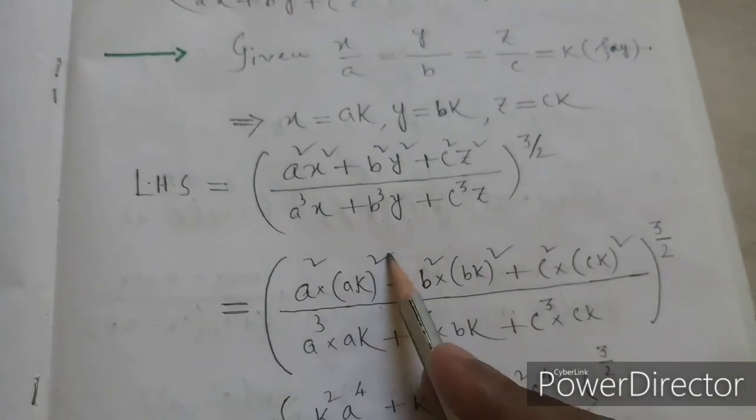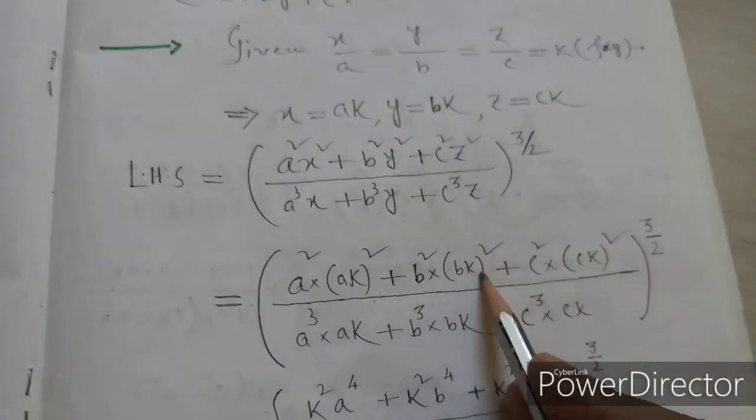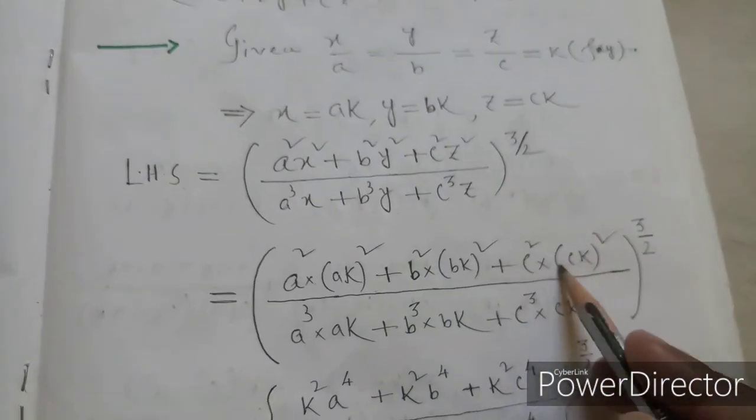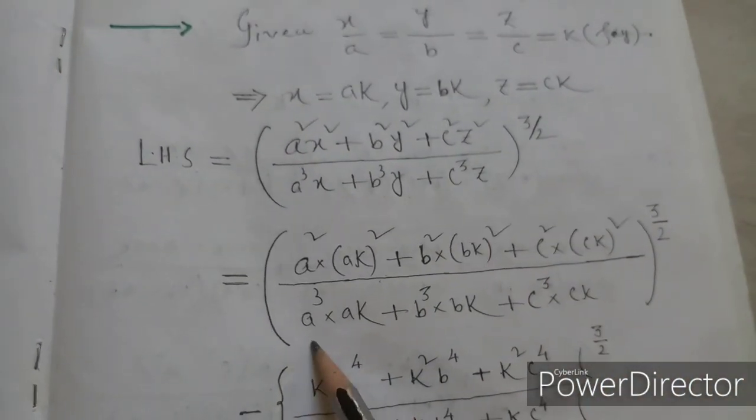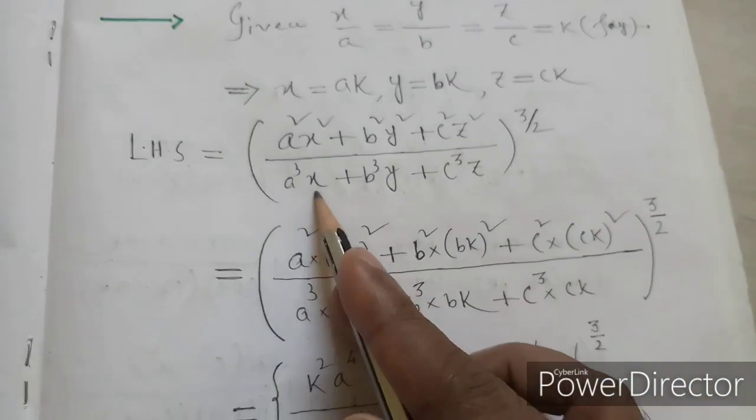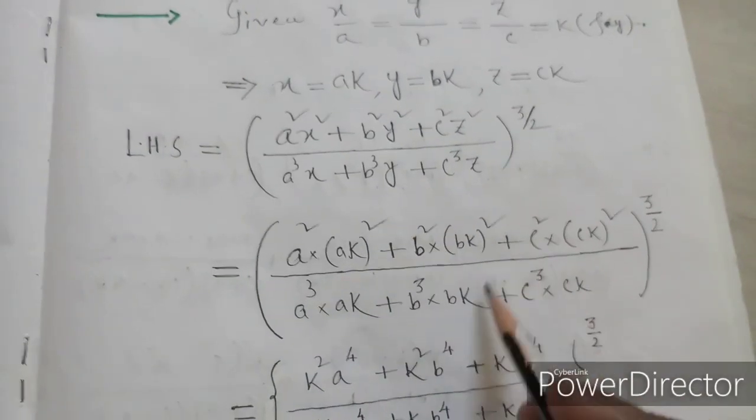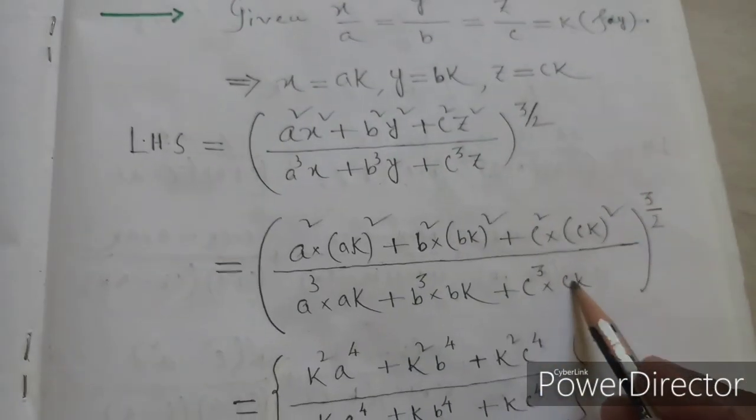(ak)² , (bk)², (ck)², and this should be a³ into ak, since x = ak, y = bk, z = ck. Put it.